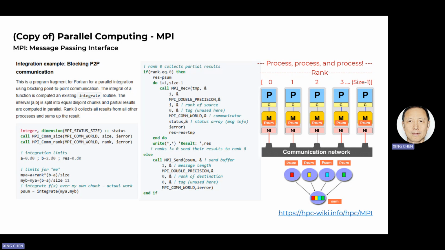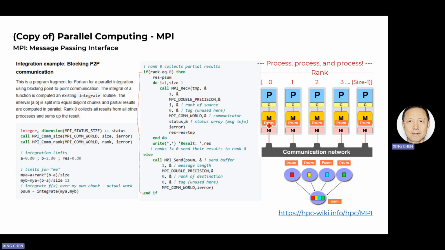So basically, if you look at this code, what it does is that at some point, the code has to call the MPI function to sum up the psums, because each node has to work on a piece of the total workload.